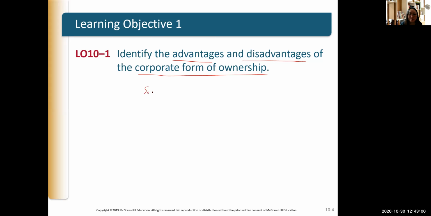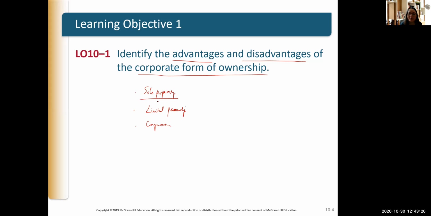One is called a sole proprietorship, which means you own a company and take all the risks on your own. There's also a limited partnership, and there's a corporation. Each of these forms of ownership has its own benefits.